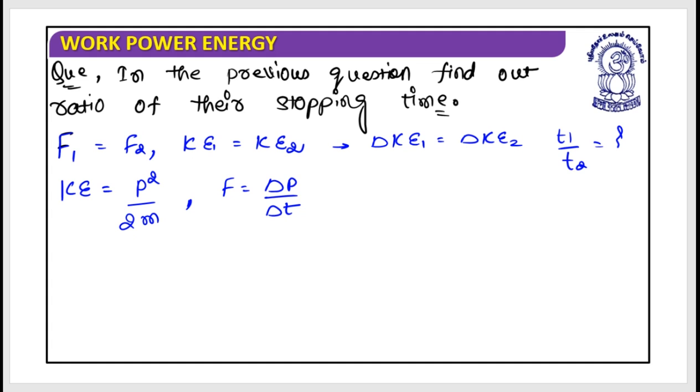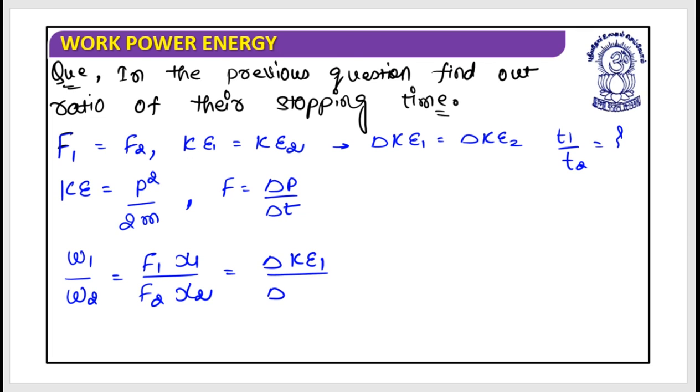So now let's start. Work done 1 to work done 2 is equal to F1 x1 divided by F2 x2, which is equal to the change in kinetic energy 1 divided by the change in kinetic energy 2. I hope this is clear.